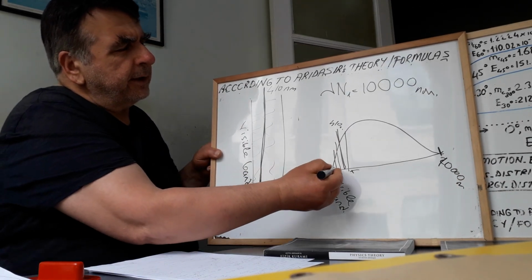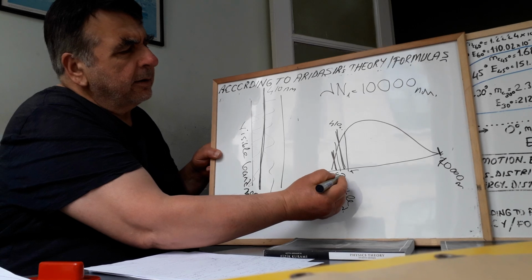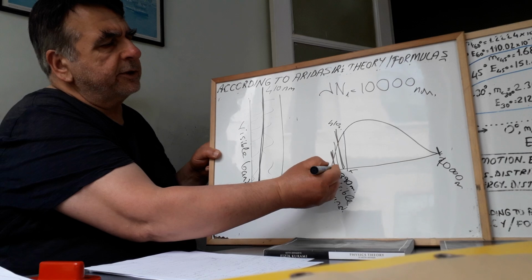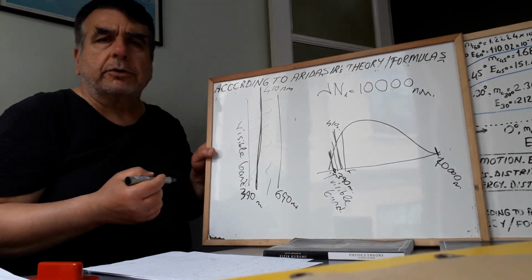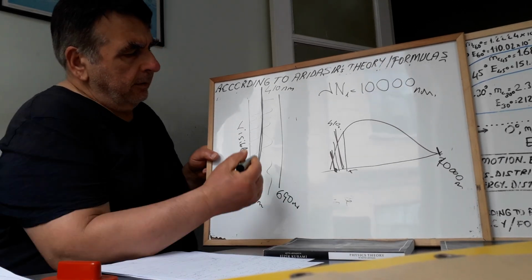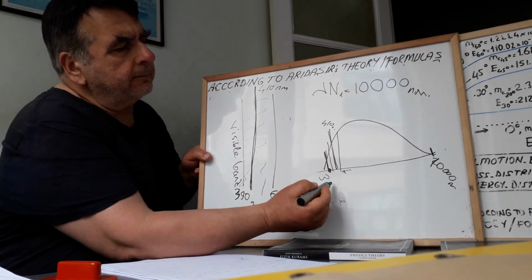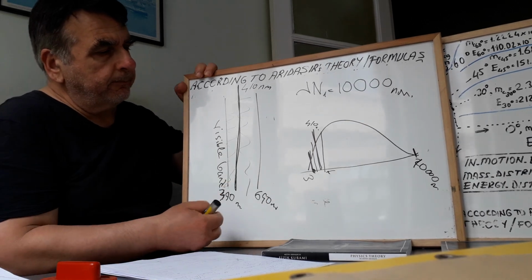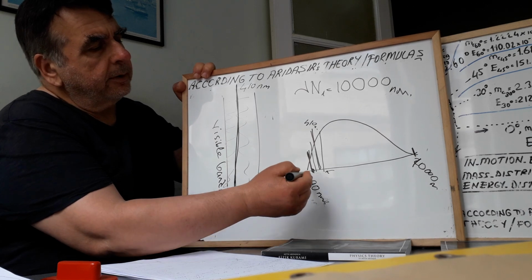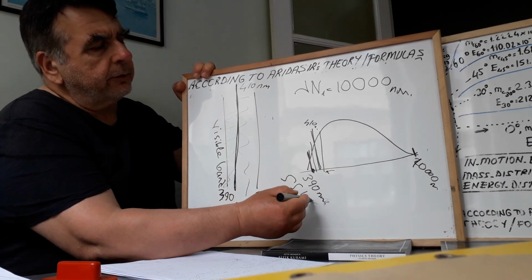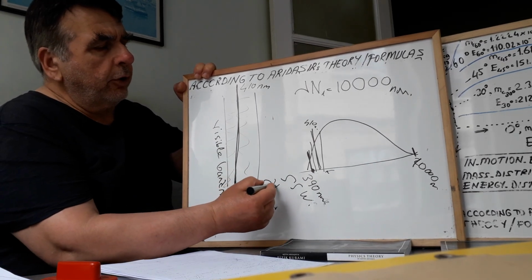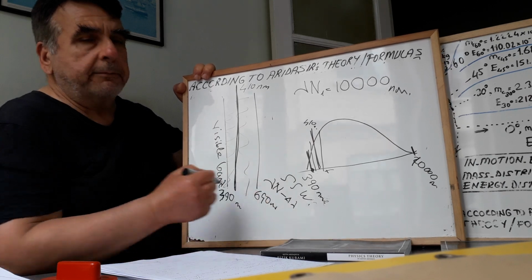Here, say 390 nanometer, this point. Shortened wavelength, okay. 190 nanometer, shortened wavelength. Remember from my formulas: lambda normal minus delta lambda.